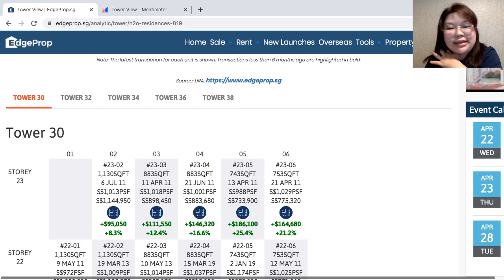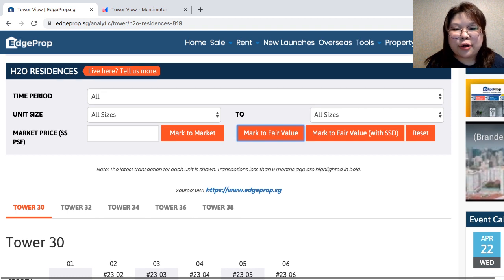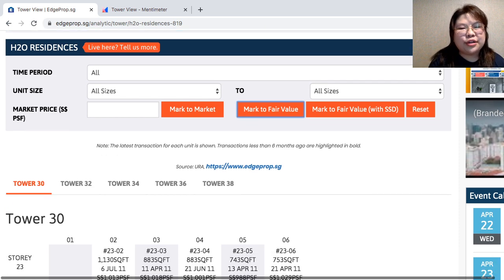Next thing I want to highlight is this one called mark to market. This one I didn't add into my slides because if you ask me, I don't think it is as relevant anymore. This is like our version 1 before we created mark to fair value and mark to fair value with SSD. So if you want to use mark to market, maybe you think your fair value is too high or too low for whatever reason.